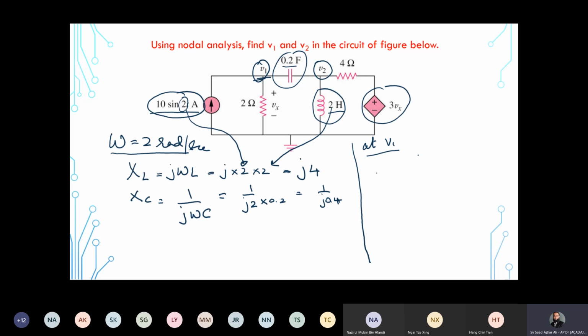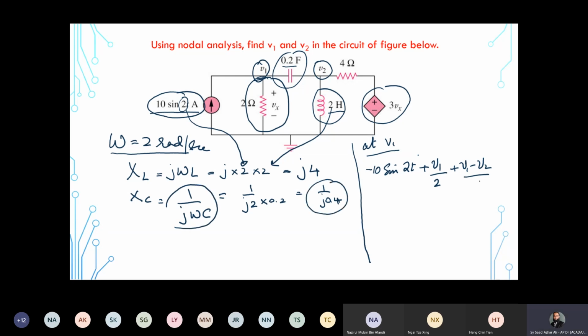And this is the current source, so minus 10 sin 2t. This is not the right way to write it, but just to explain. Plus, for this resistor, it will be V1 upon 2. This is the current, plus V1 minus V2 upon the impedance, this thing. So 1 upon j0.4, equal to 0. Is that clear?